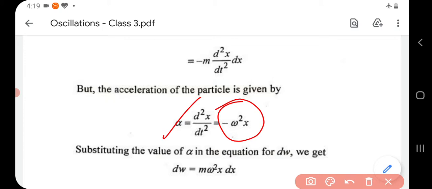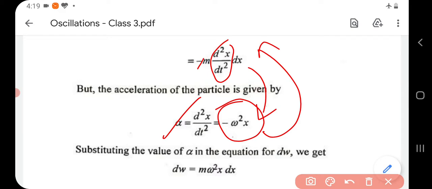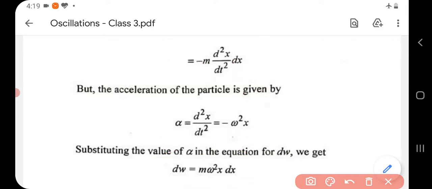Okay, so in place of this acceleration d square x by dt square, you can write this value minus omega square x. Now on substituting this in the above equation, this negative and negative will become positive, and what is left behind will be dw equal to m omega square x dx.